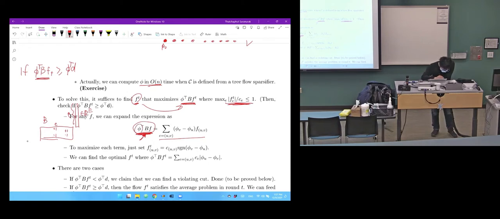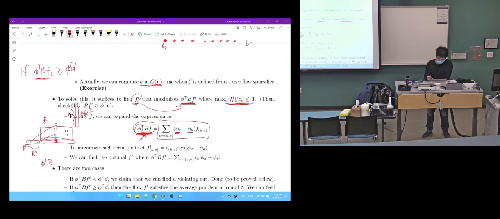But here, this is phi, which lives in R to the V. So if you multiply phi with B, each of these terms is just this thing multiplied with this thing. So it's going to be phi V minus phi U. Right. So this is what it is.